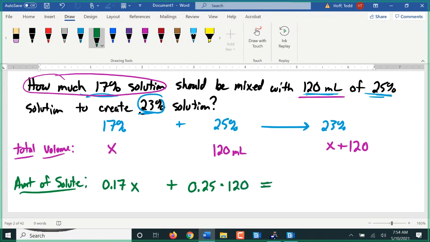Notice I drop the units when I get into the equation, so we don't have to work with it. And for the 23% result that we're hoping for, it's 0.23 times that amount, which has to be X plus 120.